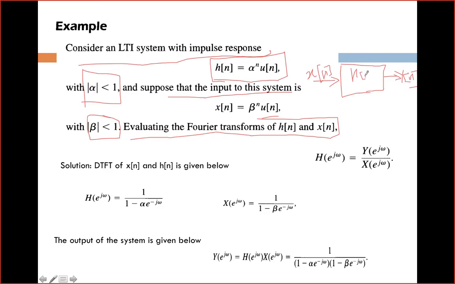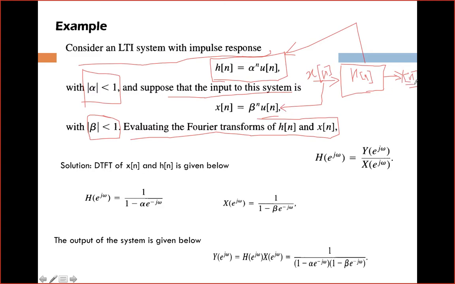This is the important factor, which we have been discussing several times. Now the problem gives the values of h of n and x of n, and we need to find y of n.